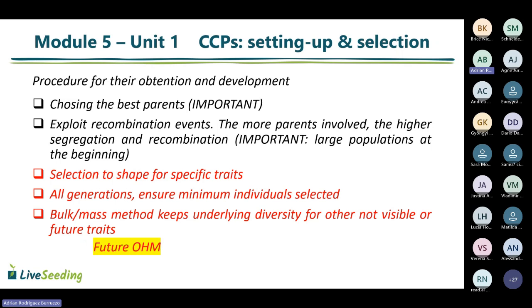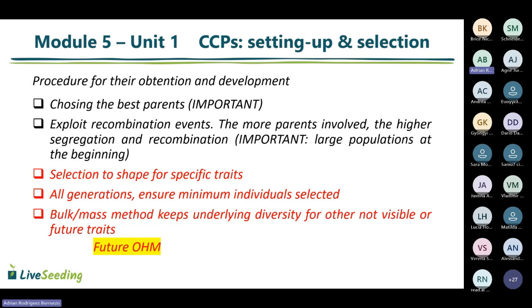I repeat, this is very important. This is probably the most important issue. Remember, always choose the best parents. Think about your breeding objectives and choose those parents who fit best to these breeding objectives.